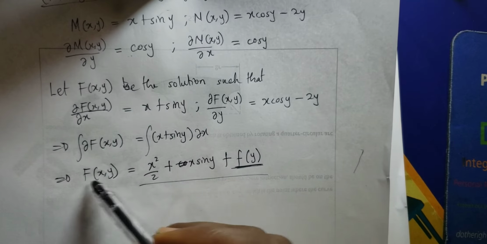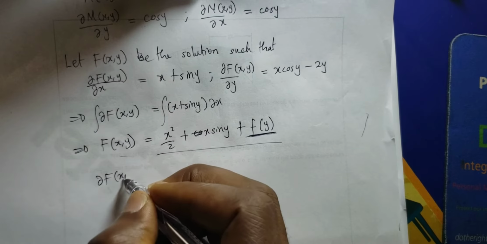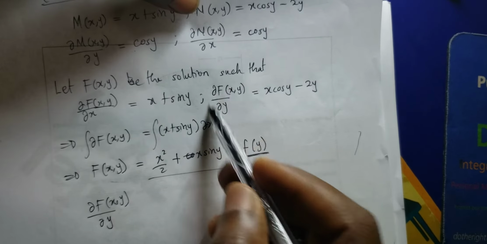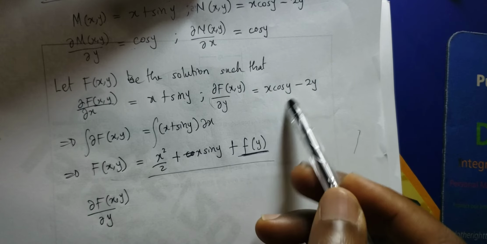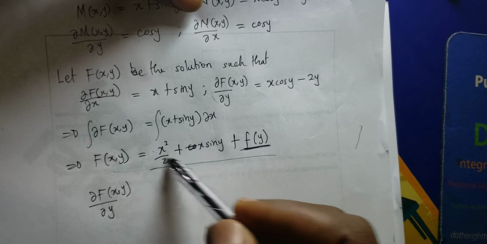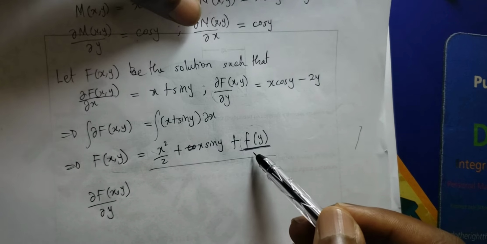We already know that f of x comma y is this. If we want to get the partial derivative with respect to y from this expression, it is equal to this, so that we'll be able to equate it to the earlier result and then get our f of y from that.